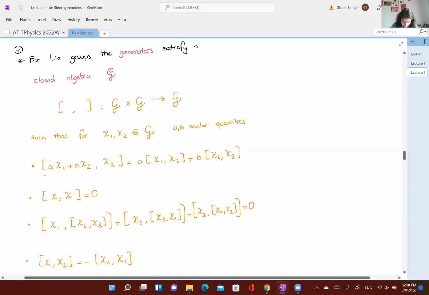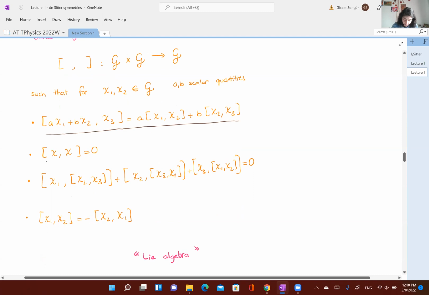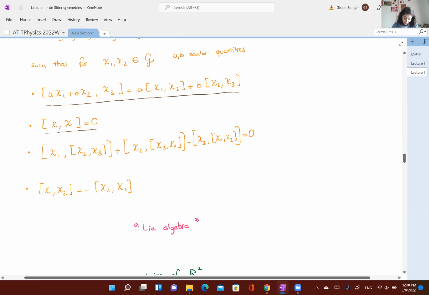So there is this linear relationship. If you take the commutator of a generator with itself, it will give you 0. And there is this cyclic property. This is called the Jacobi identity. You see the 1, 2, 3 keep changing in a cyclic manner. This needs to be satisfied.